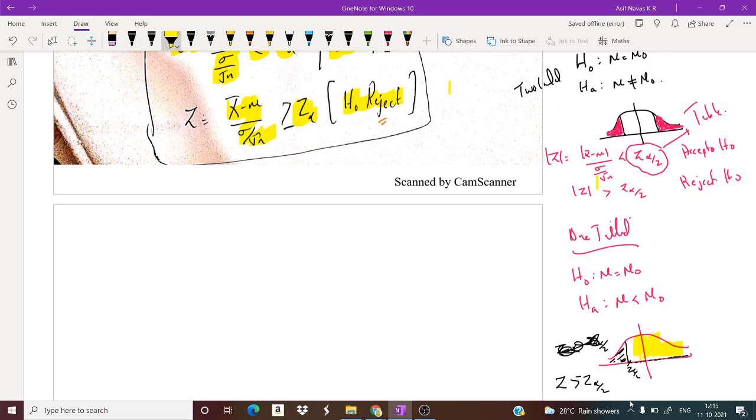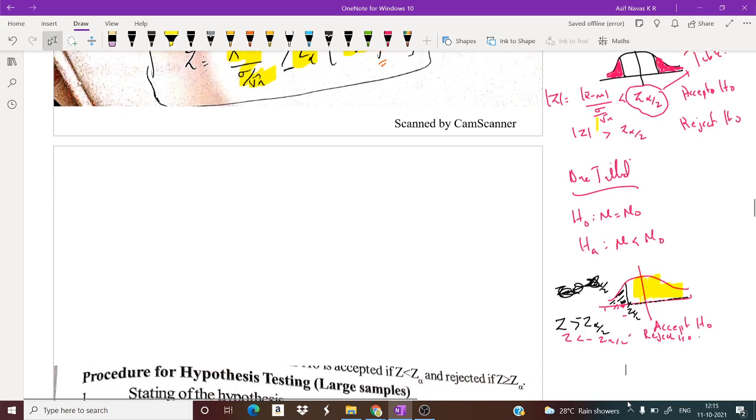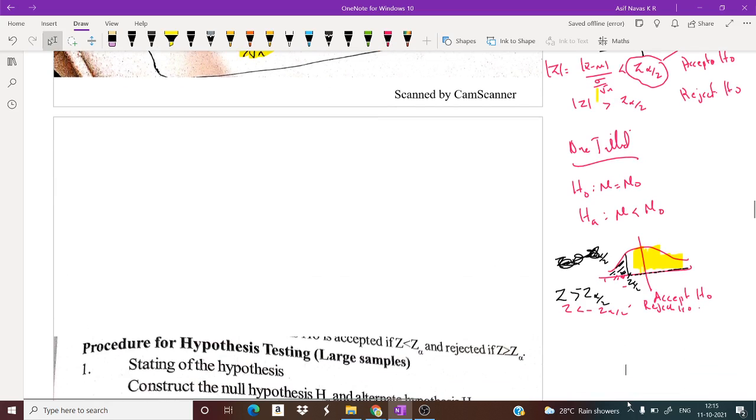Then accept h naught. If Z is less than minus Z alpha, then we reject h naught. Okay. Similarly, we will do the right-tailed test. While doing the problem, you will understand.